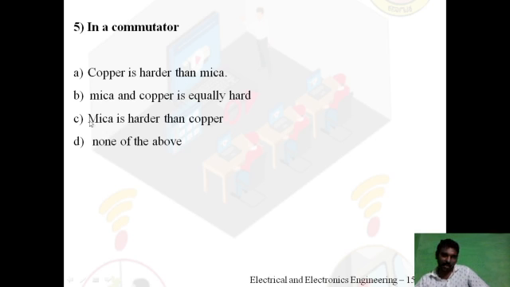Mica is the insulator used in the commutator, which is harder than copper, and which protects from the cascading failure of the commutator and the brush assembly. So option C we can consider.